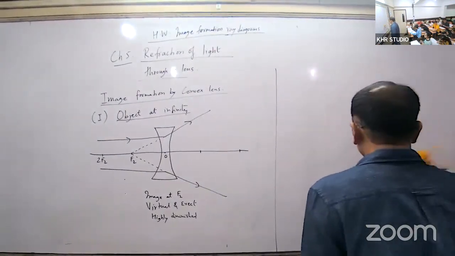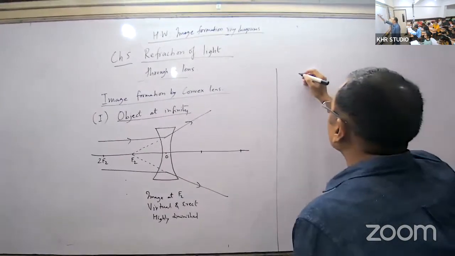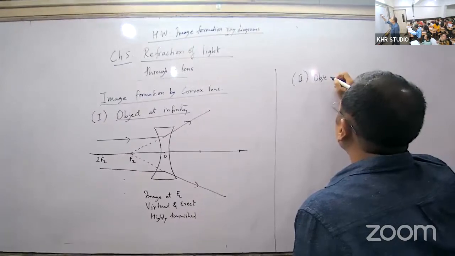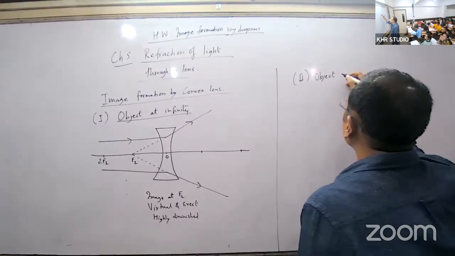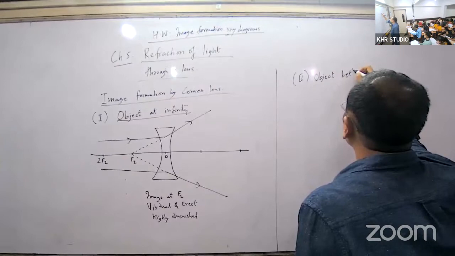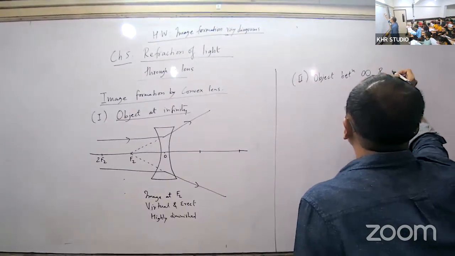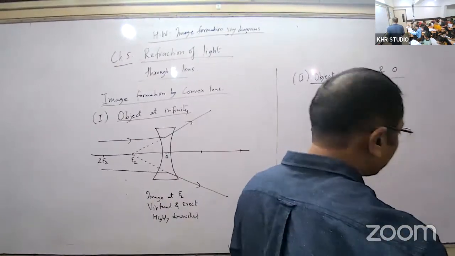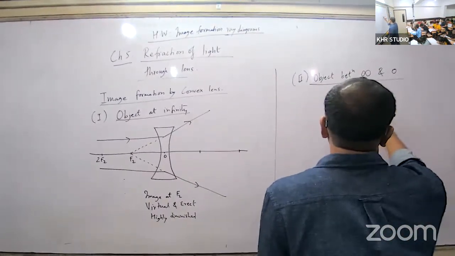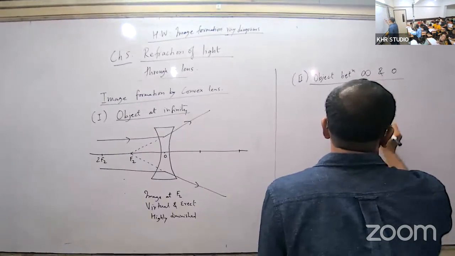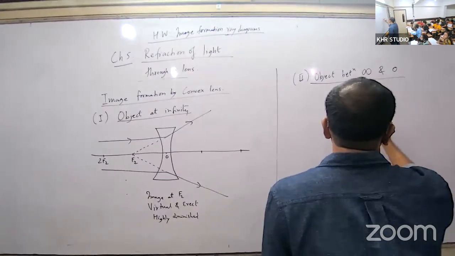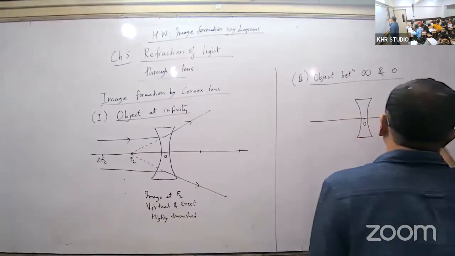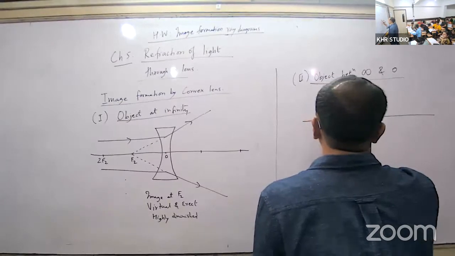Object between infinity and optical center. In this there are only two object positions. Object between infinity and optical center. Mark points.